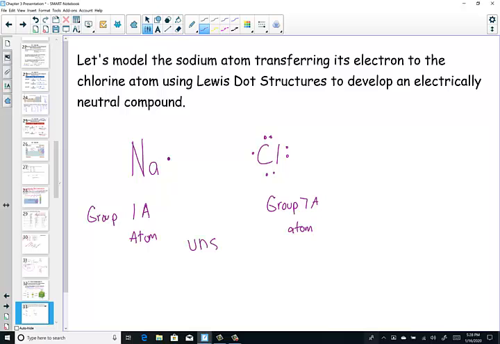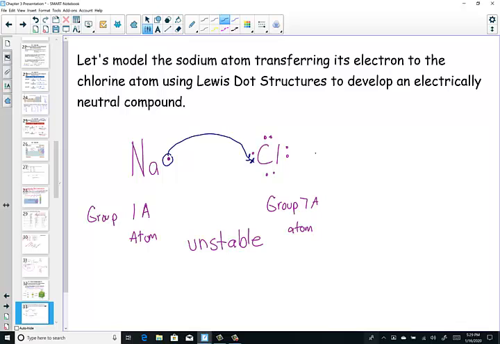Atoms are unstable. They would much rather have a noble gas configuration, and they do so by a transfer of electrons. The sodium electron will be given to the chlorine to form that partnership with that lonely electron, the 7th electron, unpartnered.